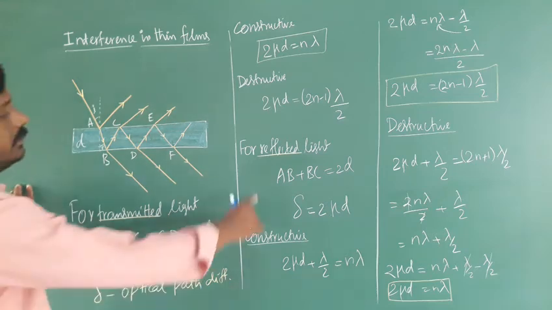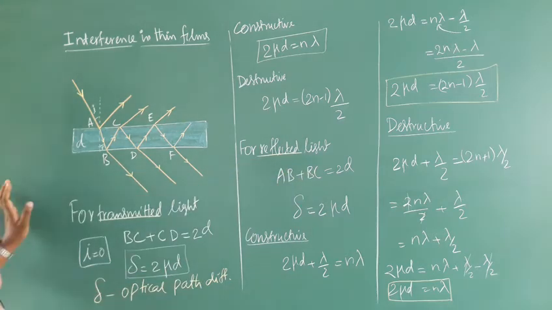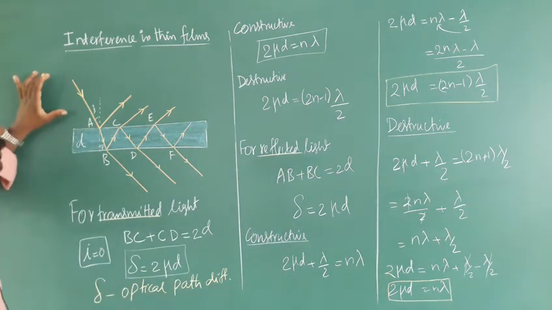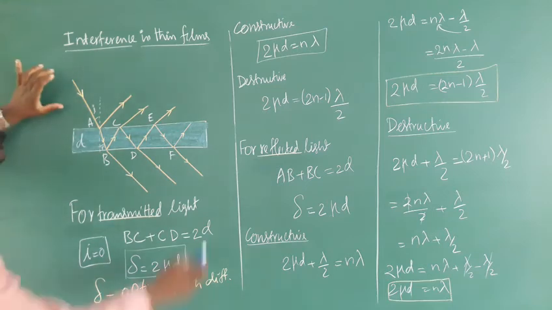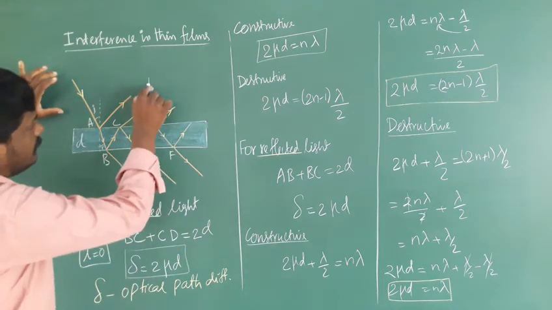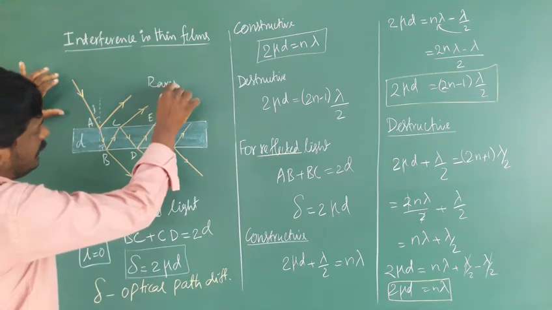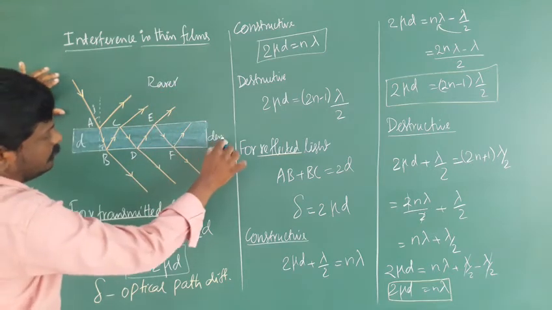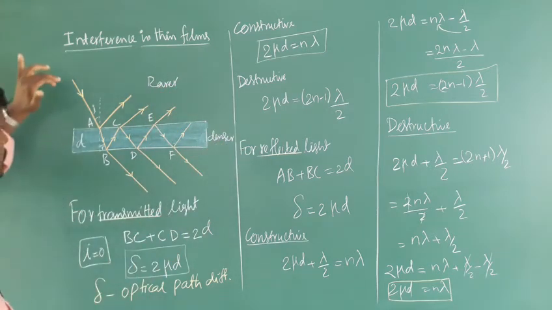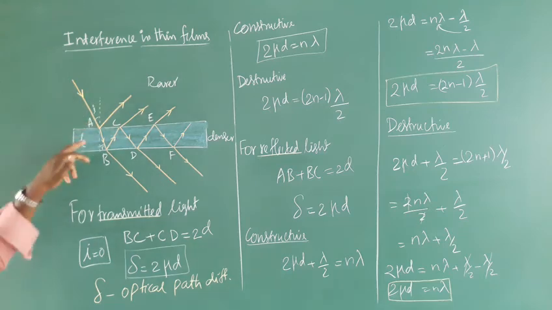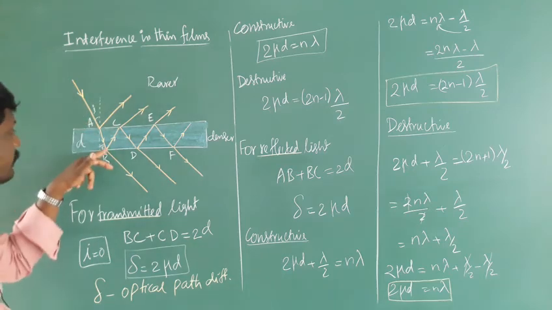But for reflected light, it is proved both theoretically and experimentally that there is an additional change. Here the light travels from a rarer medium, that is air, to a denser medium, the thin film. Light is incident, then it is refracted and reflected.